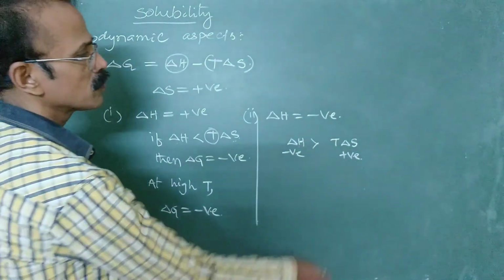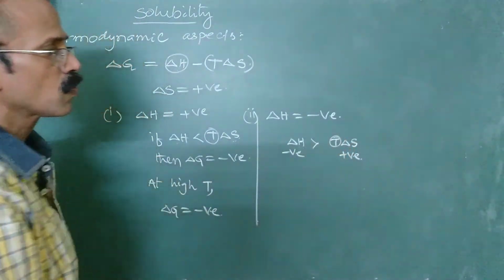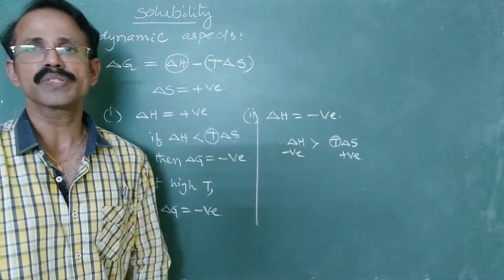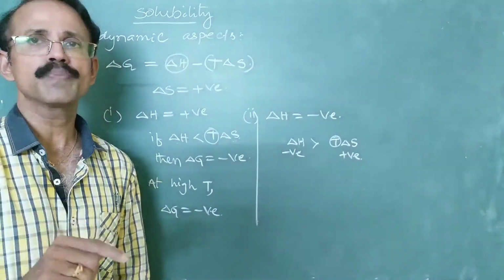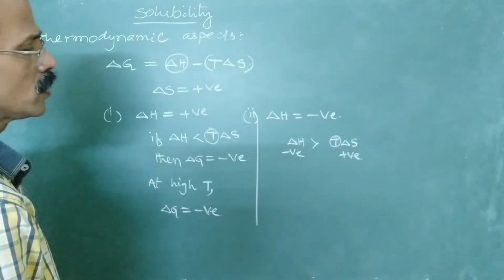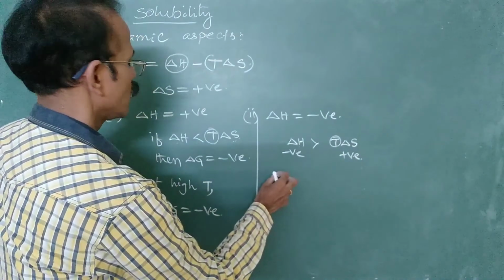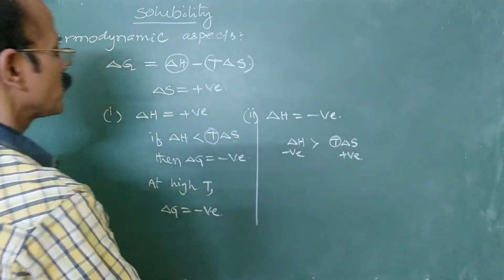This term should be decreased by changing the temperature. Delta S is fixed here, so temperature has to be decreased in order to keep this term low, right?